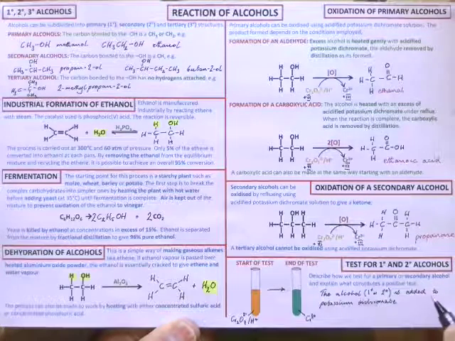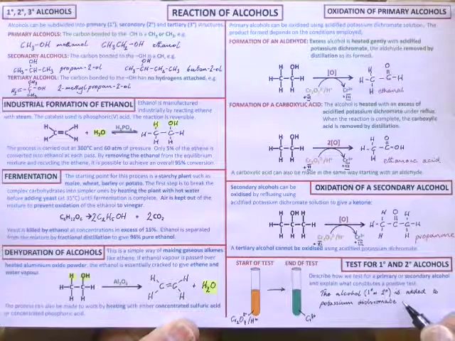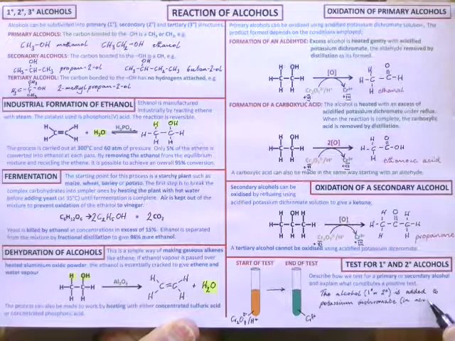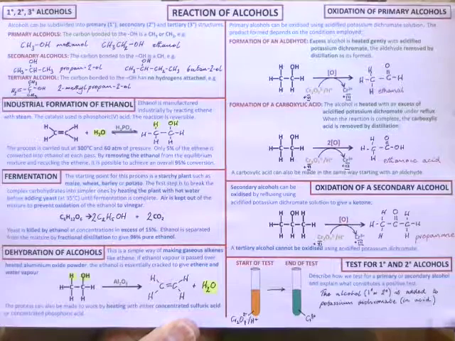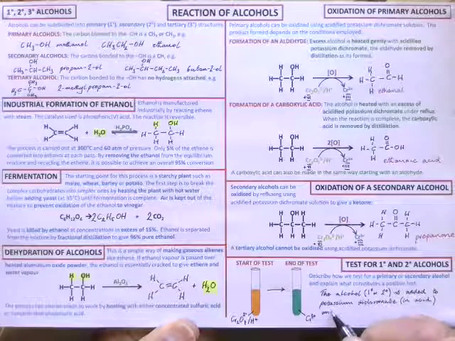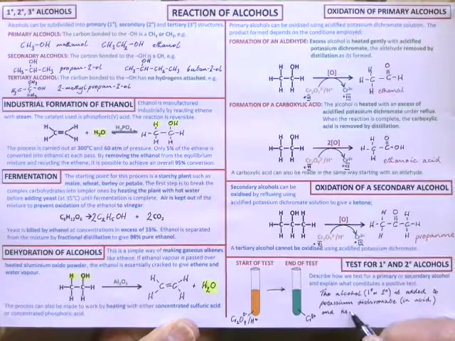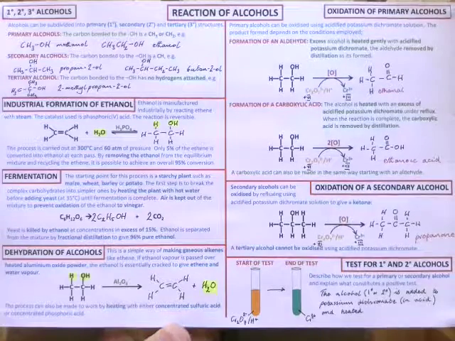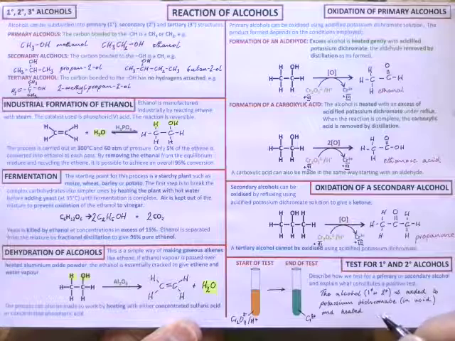So the alcohol is added to potassium dichromate in acid, and heated. In fact, to be honest, you don't really always need to heat it, you can sometimes see the colour change straight away. But if you add a bit of heat, it always happens faster.